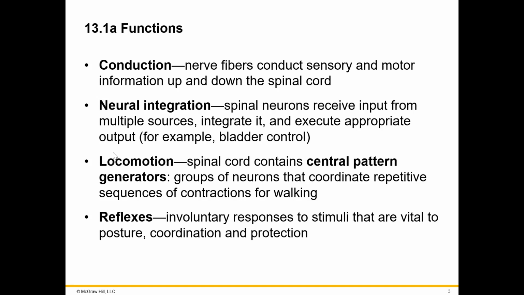You have also the important function within your spinal cord, and that is for locomotion, the ability to move and localize from one place to another. And these are groups of neurons that coordinate repetitive sequences of contractions for walking.